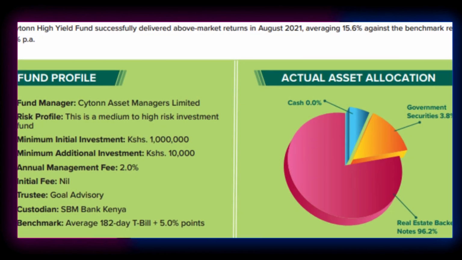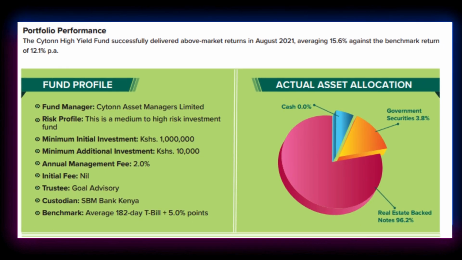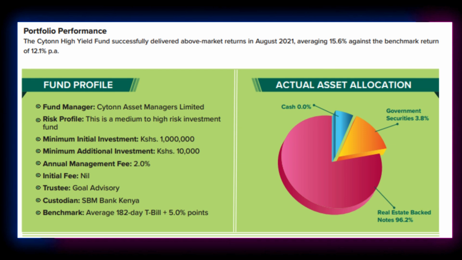Now that we know that, let us look at how this fund was structured and see whether they adhered to these regulations. So let us look at this screenshot, which I got from the fund fact sheet of the Cytonn High Yield Fund in August 2021. According to this, let us start with the fund profile. You can see the fund manager is Cytonn Asset Managers Limited.